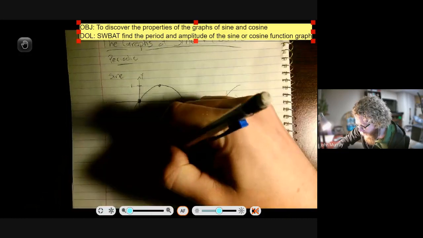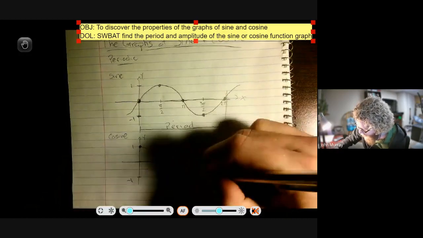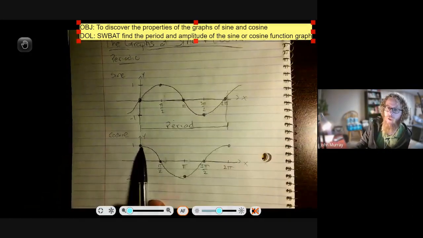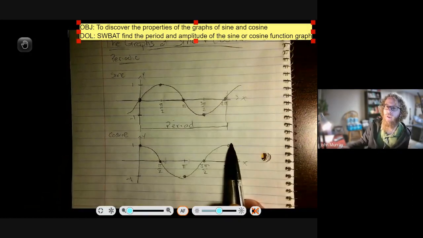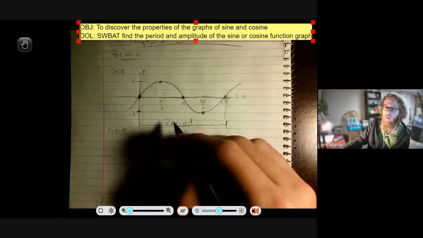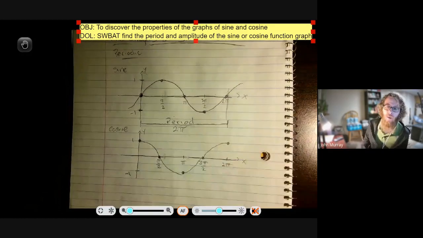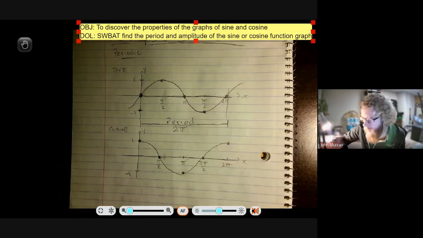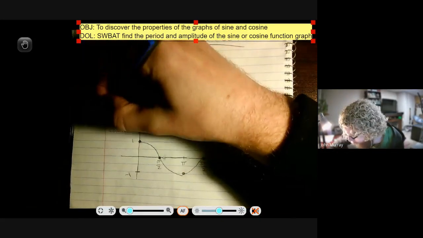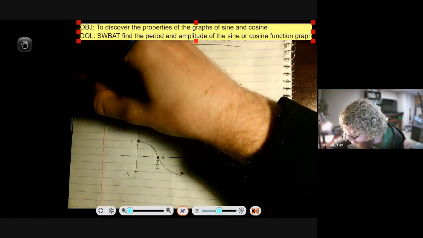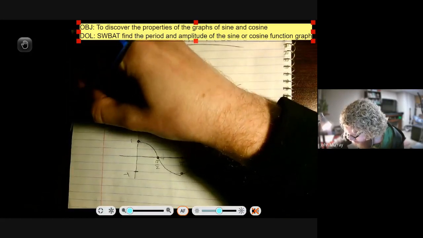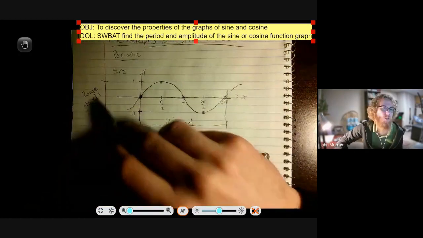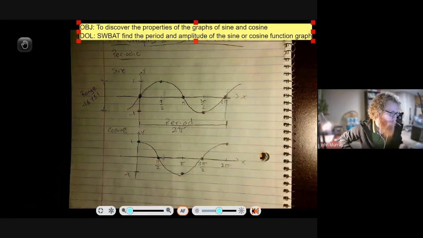This one is a little clearer with the period because we can see it starts at the top and then returns back to the top. But again, it's the same period of 2 pi. And like we said, the range for both of them is between -1 and +1.